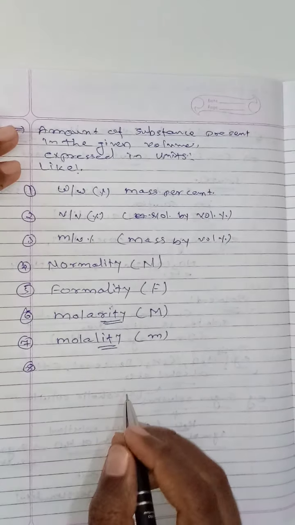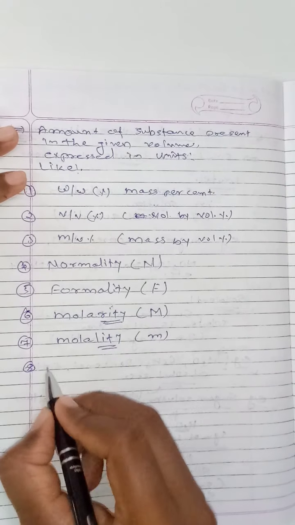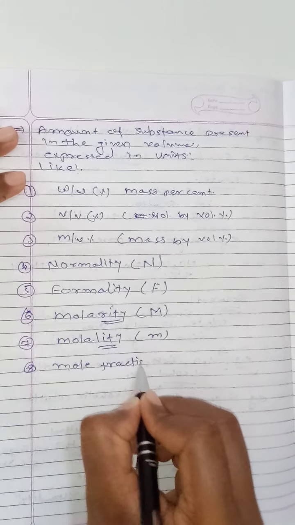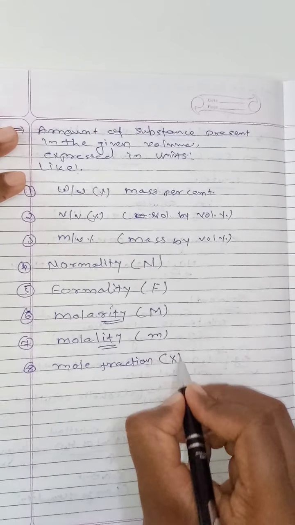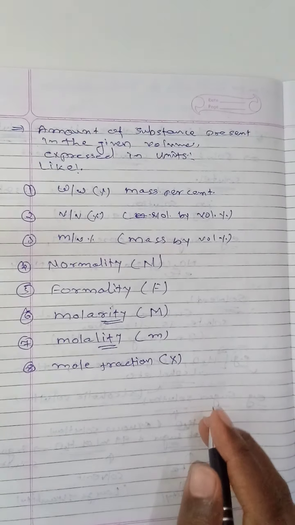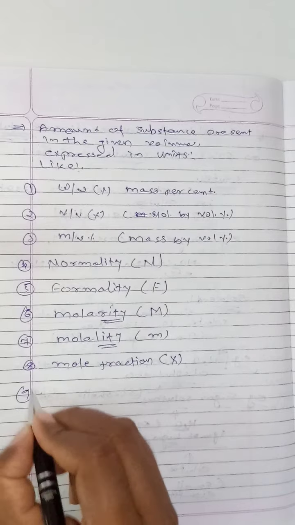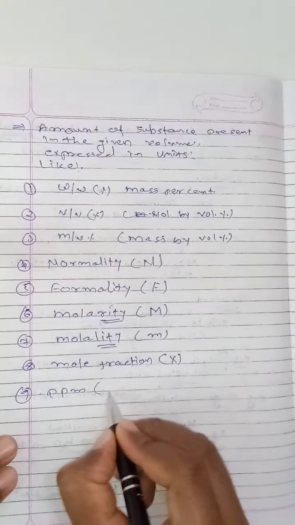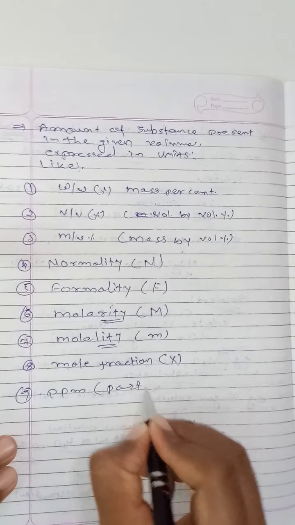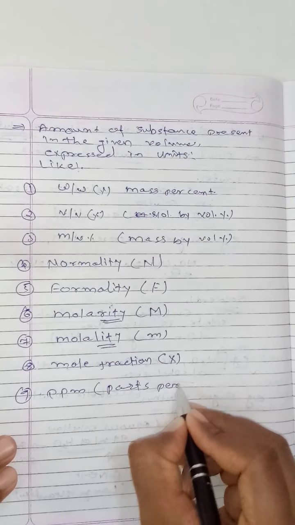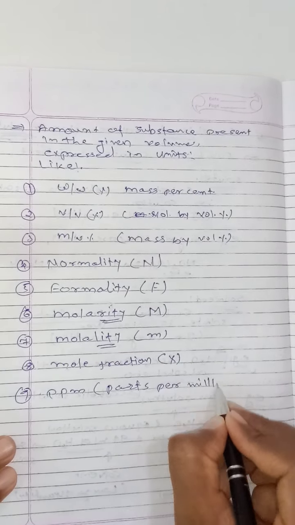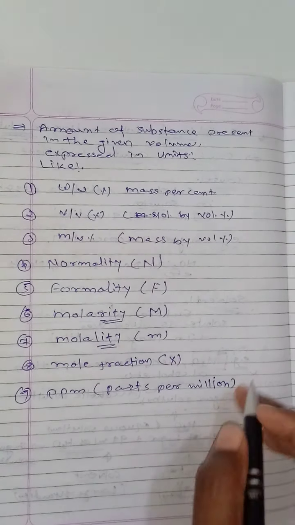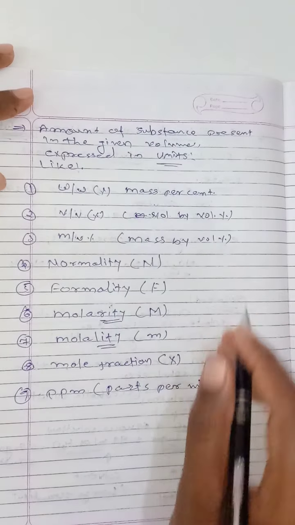Number 8, mole fraction, expressed by capital X. And number 9, ppm, parts per million. Okay, so these all are units.